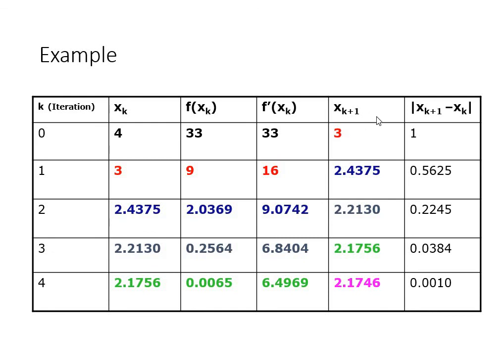k plus 1, which is 3. So if k is equal to 0, you've got x naught, f of x naught, f prime of x naught, and then 0 plus 1, which is x1, which is this one, and then the error term there is given by x k plus 1, which is 3, minus x k, which is 4, so 3 minus 4, which is 1.